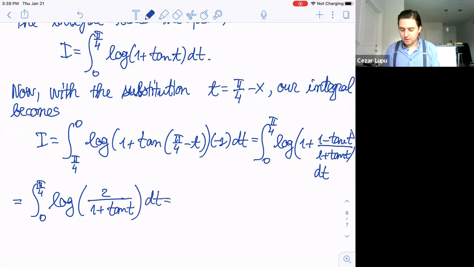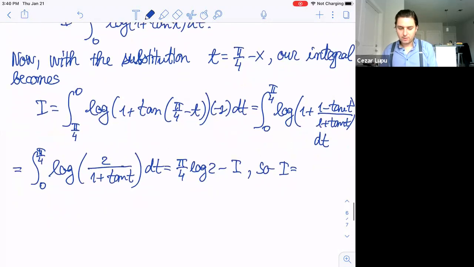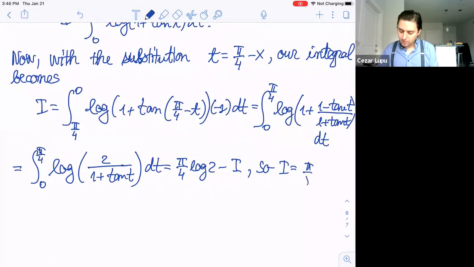But this is nothing else than pi over 4 log 2 minus I. So clearly solving this for I gives us pi over 8 times log 2.